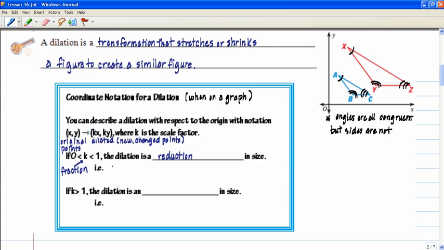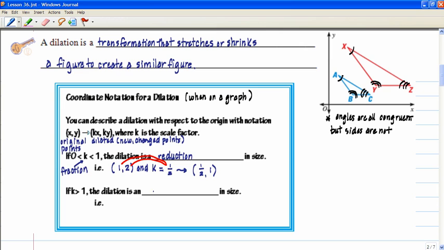So for example, if I have the original point as (1, 2) and I want a dilation factor of 1/2, then I'm going to take 1/2 times 1 and 1/2 times 2 to come up with my new points. And that'll lead me to (1/2, 1) on the graph.